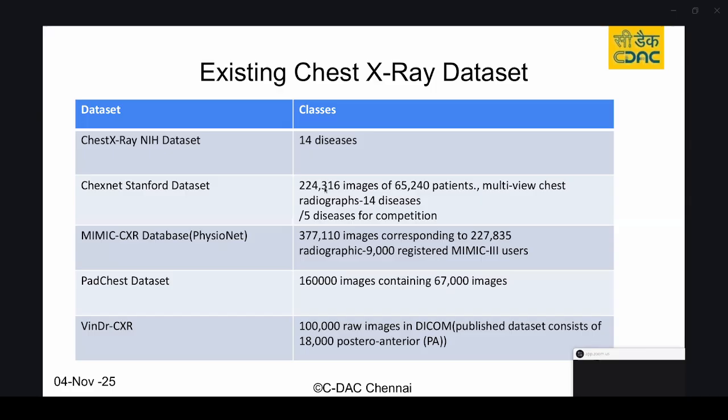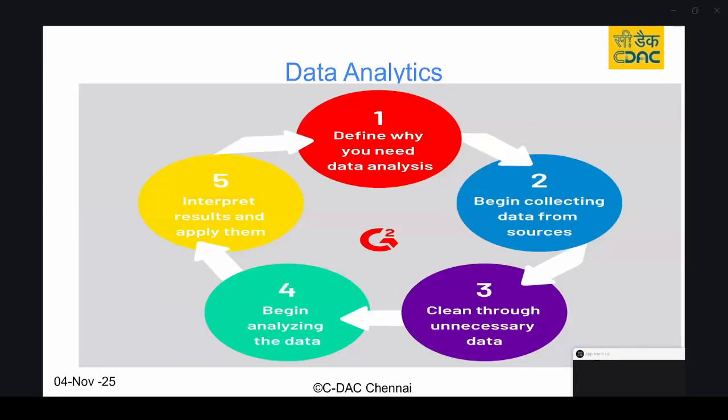I think this one is 110 GB or something, but you have a stripped down version of 11 GB as well for experiments. Even the NIH chest X-ray dataset is 40 GB. So you need to have a GPU, a graphical processing unit card, to actually perform training on many of these large datasets to detect diseases.